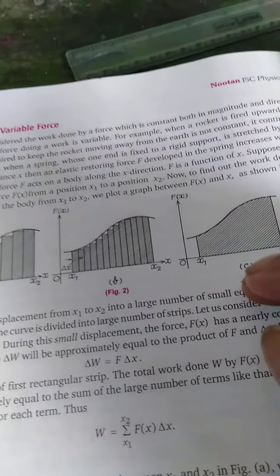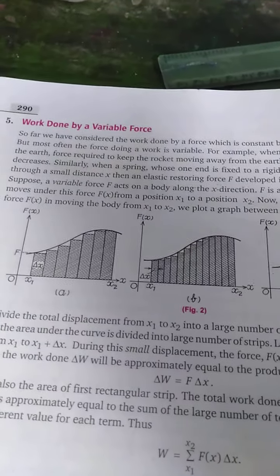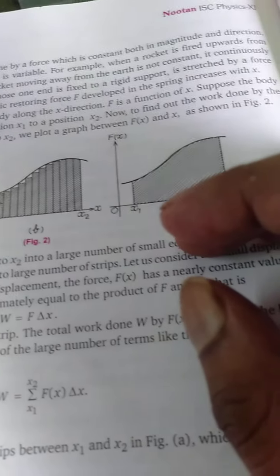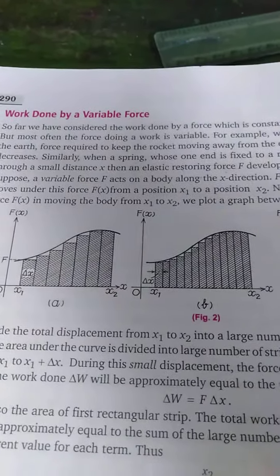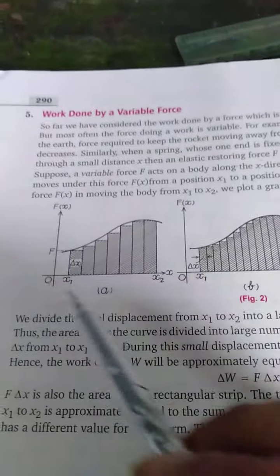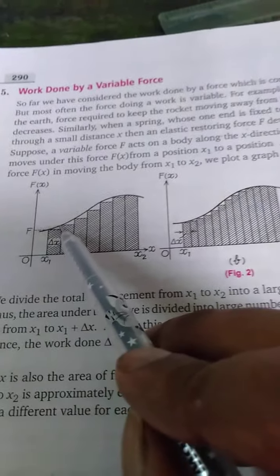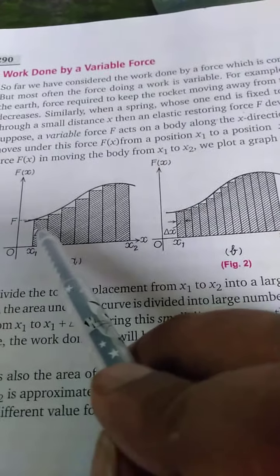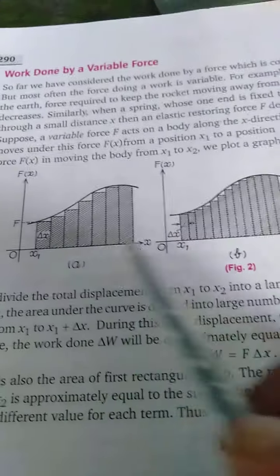For example, when a rocket is fired upward from the earth, the force required to keep the rocket moving from the earth is not constant, it continuously decreases. Okay, so when the force is varying, suppose you see the graph, this is the force, the varying graph, the force is varying, and the body under the action of the force has moved from here to here.